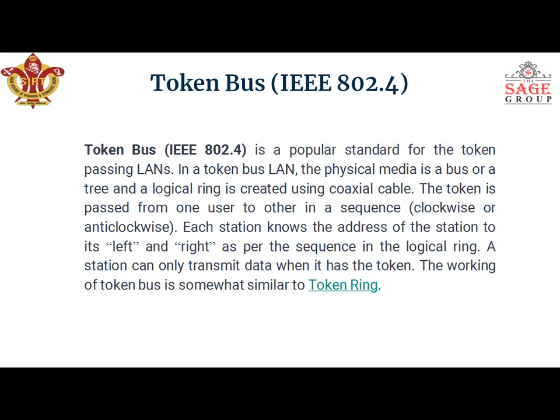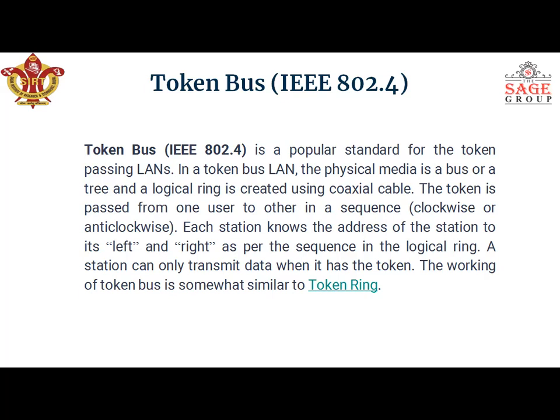Whenever data is received by a particular station, if it is not the destination, then the token must be passed to the next node. The token is passed in that logical ring again and again until the data packet reaches its exact destination. In this, a station can transmit data only when it has a token.